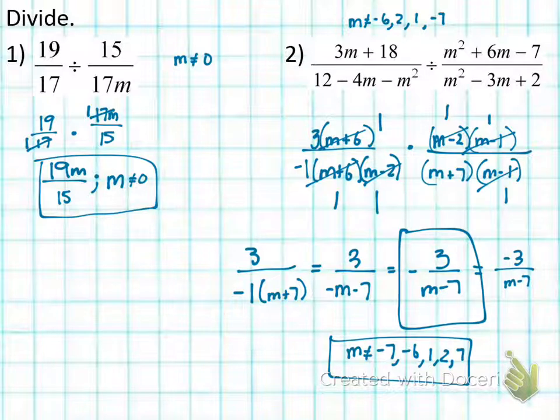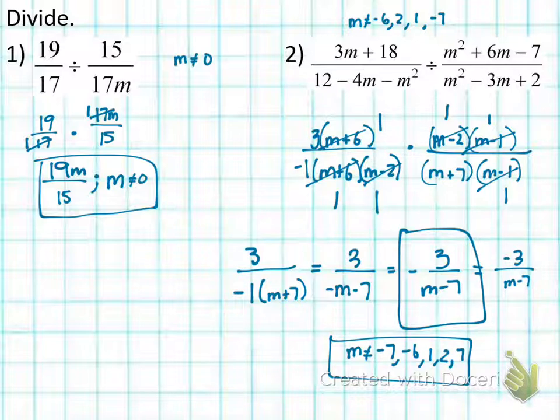There weren't any here, but I added just one up here. Then I canceled and rewrote my answer. Since there was a negative in the denominator, it got a little tricky. The boxed answer is my preferred method, but these all could be answers. And then I wrote my excluded values and checked for excluded values again. M cannot equal 7, and that's it. So I added that to the list as well.